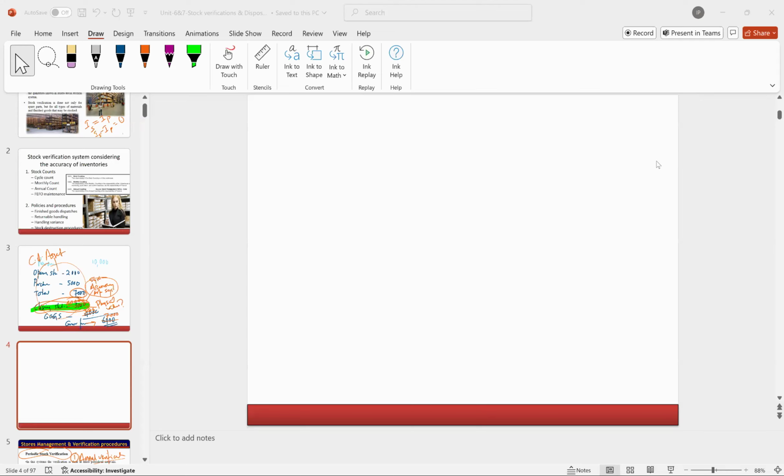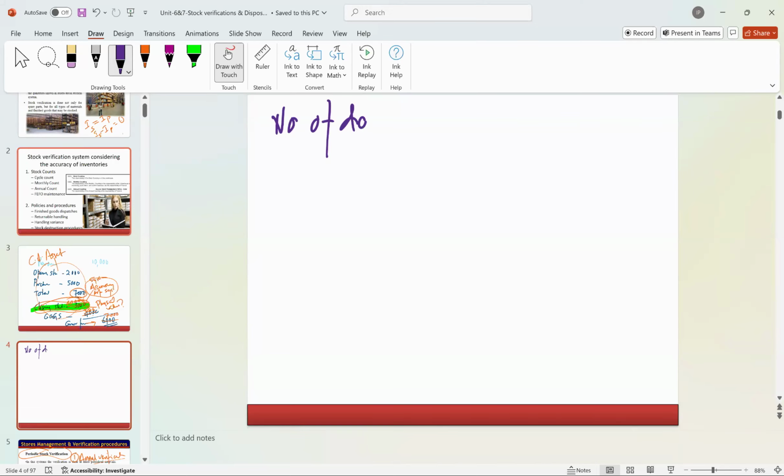So let's try to understand what is cycle counting. Let's assume, for easy understanding, you are working a number of days in a year. Let's see, you are working 300 days out of 365. In your warehouse, you have, say, a number of items.